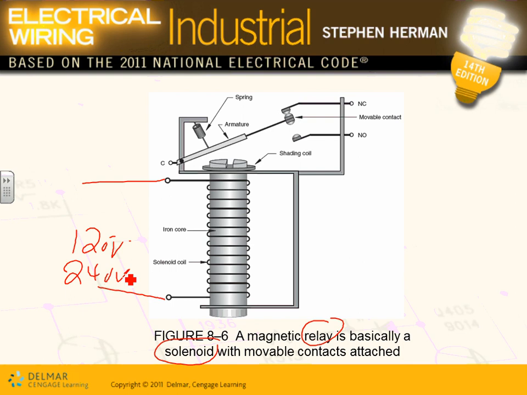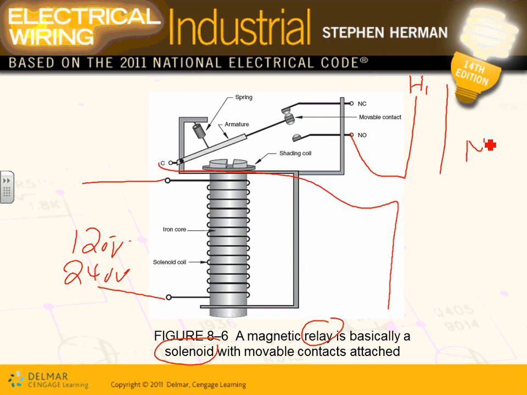And then from this side, they can wire normally open. So let's wire normally open here. Right in here, can you guys see that? Here's my phase A, hot one. Here's my neutral, and this is going to my motor. Look how easy that is.